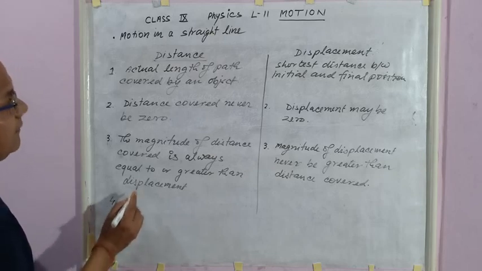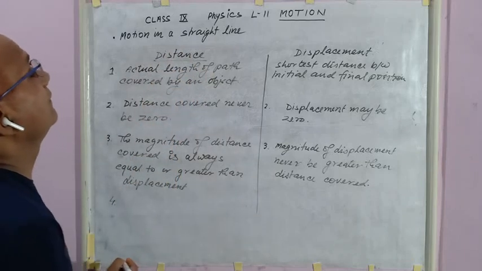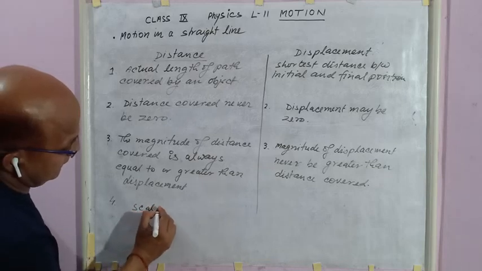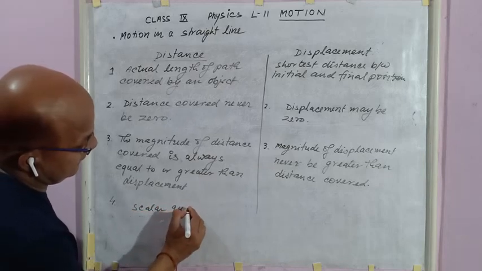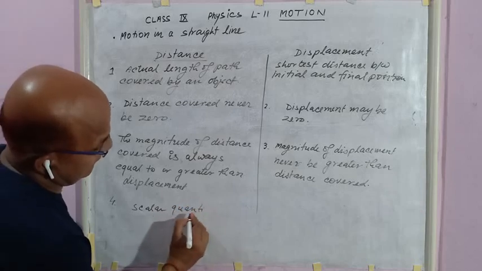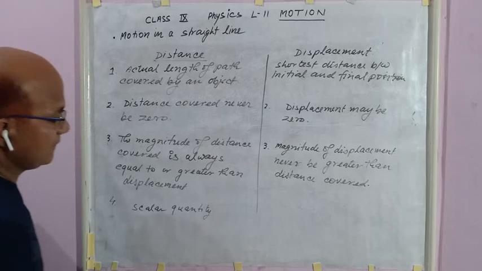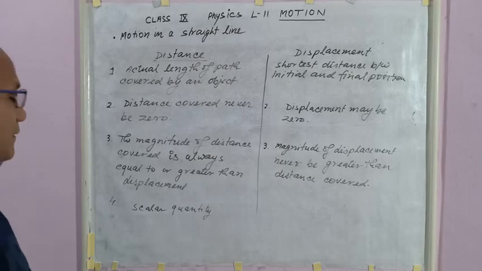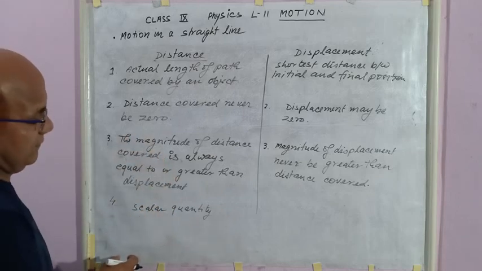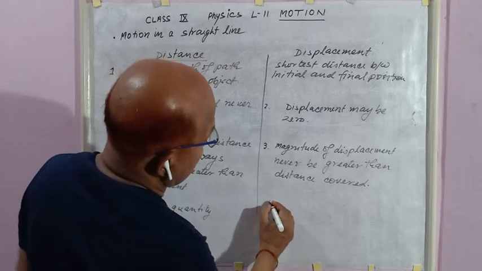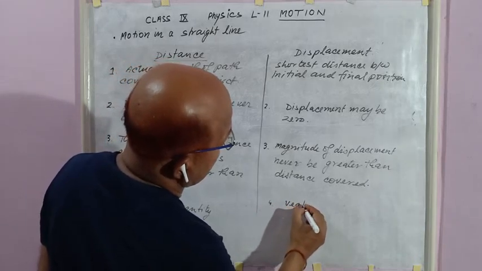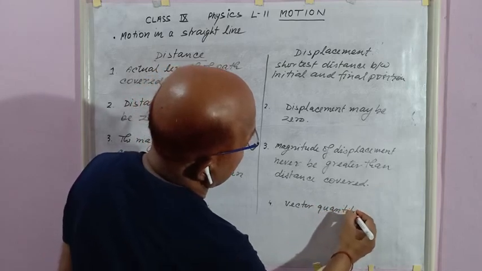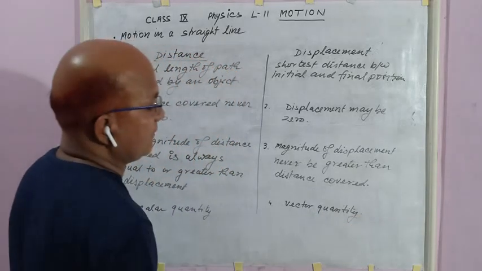And last point, distance covered is scalar quantity, which means to describe distance it needs only magnitude, and displacement is vector quantity.